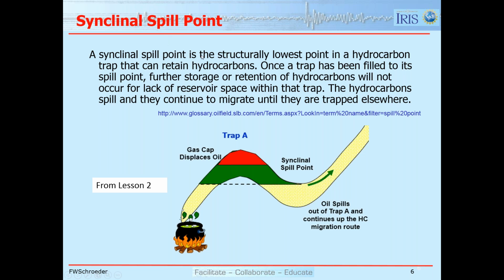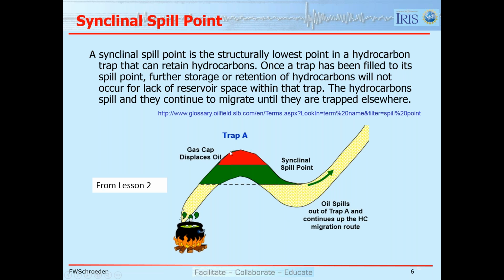So a synclinal spill point is the structurally lowest point in a hydrocarbon trap that can retain hydrocarbons. Once the trap has filled to the spill point, further storage or retention of hydrocarbons in that particular trap will not occur because we have no more reservoir space. The hydrocarbons will spill through that low point, the synclinal spill point, and continue to migrate until they are trapped elsewhere.